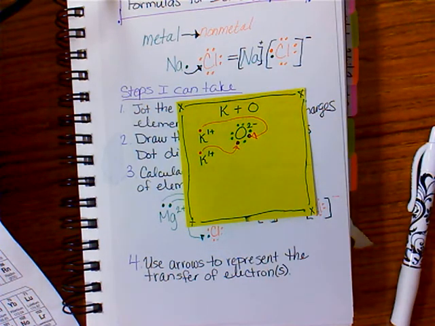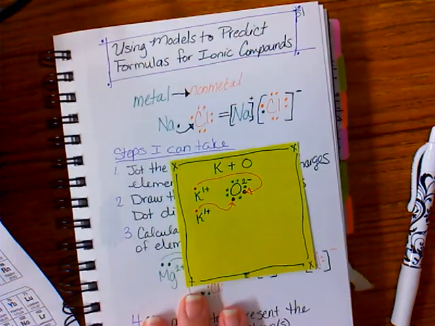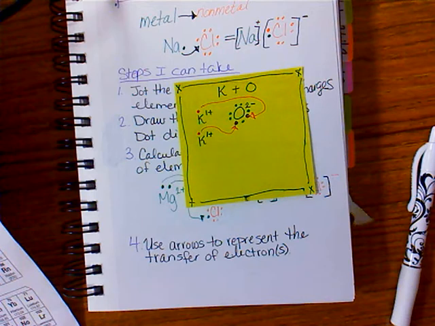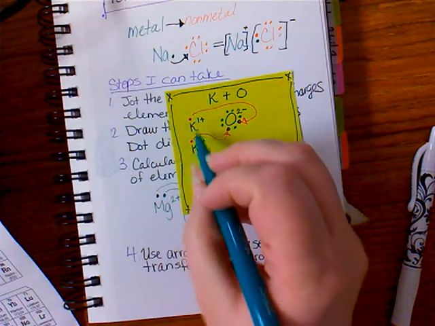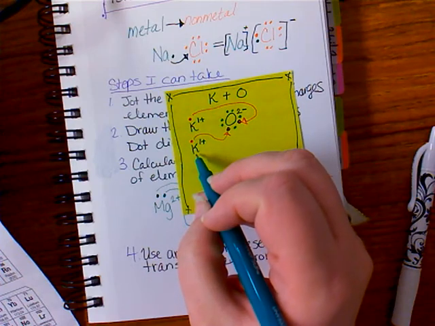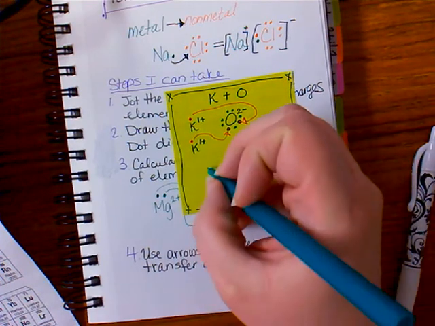So your next step now is to write out the formula. You always want to write your metal first. Metal goes first. Metal goes first. Okay? So I notice I have 2 potassiums.